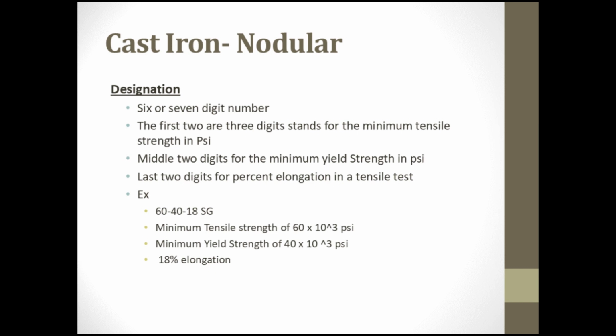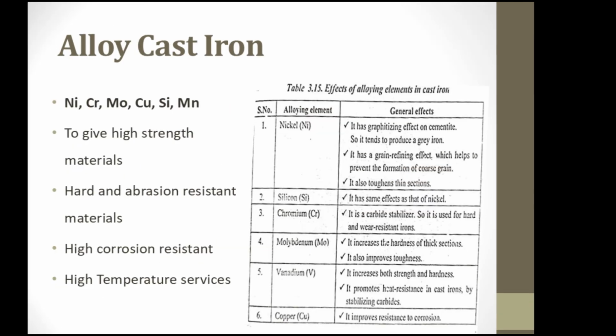Example: 60 40 18 SG: minimum tensile strength of 60 x 10^3 pounds per square inch, minimum yield strength of 40 x 10^3 pounds per square inch, 18% elongation.